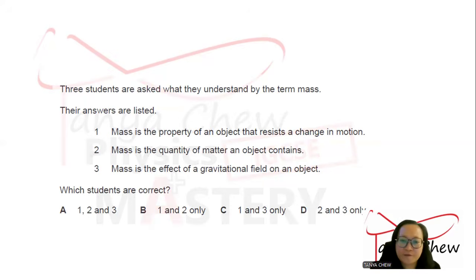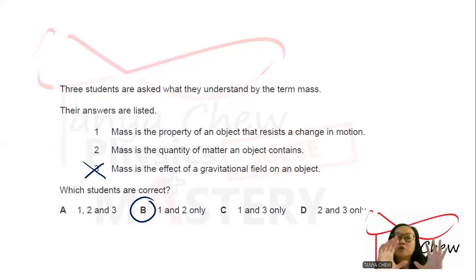Third, mass is the effect of a gravitational field on an object. No, mass has no effect on the gravitational field. Weight has the effect. So I'm very sure that 3 is not the answer. So the answer is quite obvious, B. See that? You are unsure of some of the choices, but you can be sure of one that is not the answer. You will still get the correct answer.